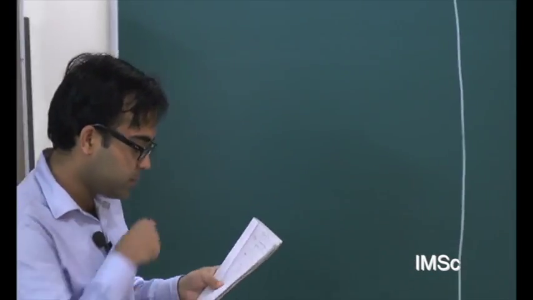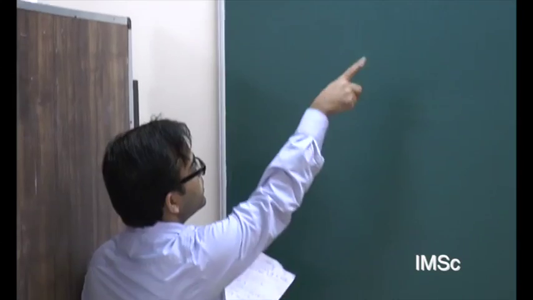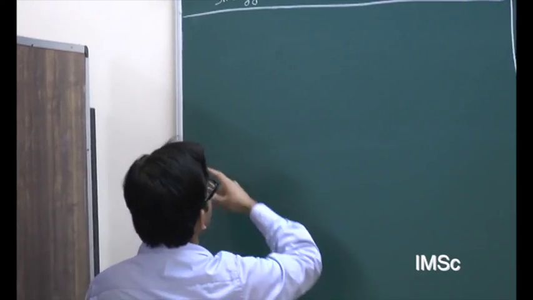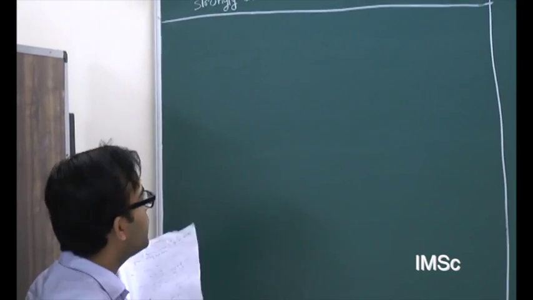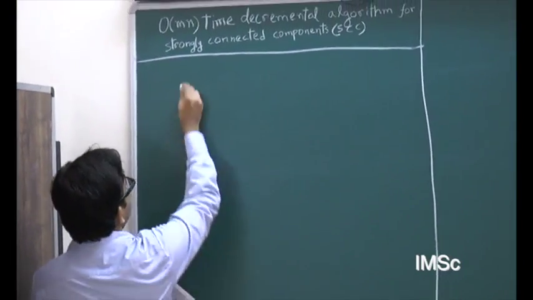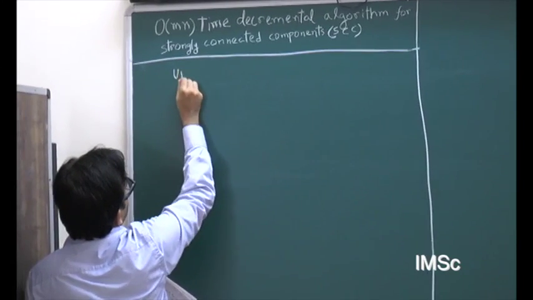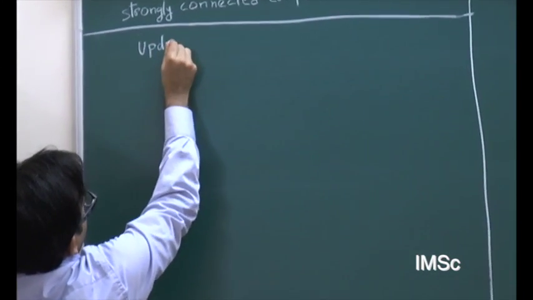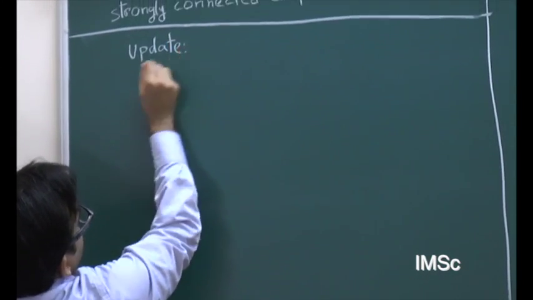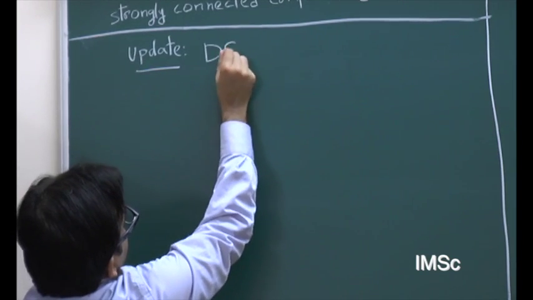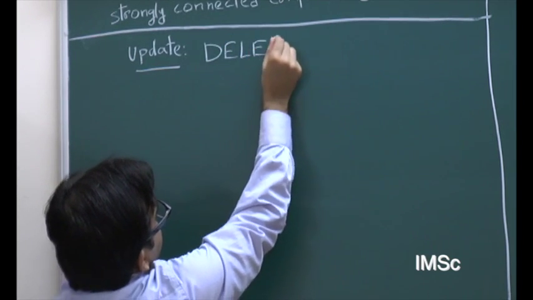Okay. So, for this problem, what is the query? You are initially given a graph with m edges and n nodes, and the updates are: delete an edge from the graph.